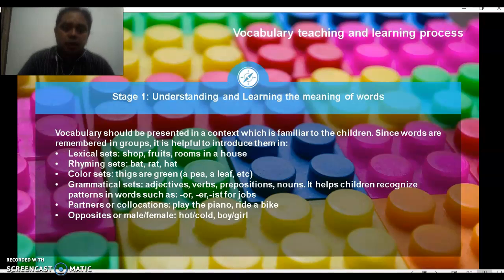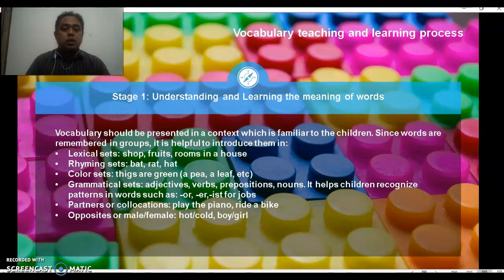Okay, the next phase is about vocabulary teaching and learning process. There are 5 stages in this chapter that we are going to discuss. Okay, here we go. Stage 1 is understanding and learning the meaning of words. Remember that vocabulary should be presented in a context that is familiar to the children.